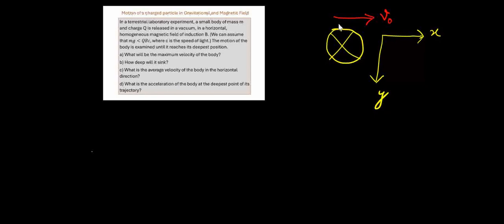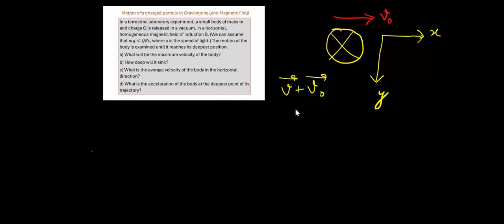Its velocity v0 is relative to the laboratory system, and in this frame, if the instantaneous velocity of the charged body is v, then the velocity in the laboratory system will become v plus v0. Vector v plus v0 is the velocity of the charged particle in the laboratory system.